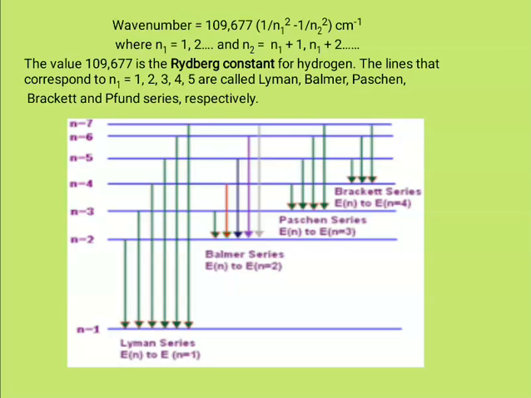The gap between the first and the second is greater, between the second and third it is decreased, between the third and fourth it will further decrease, and so on. So the gap is not constant in the spectrum. This point should be noted while drawing the line spectrum of hydrogen.